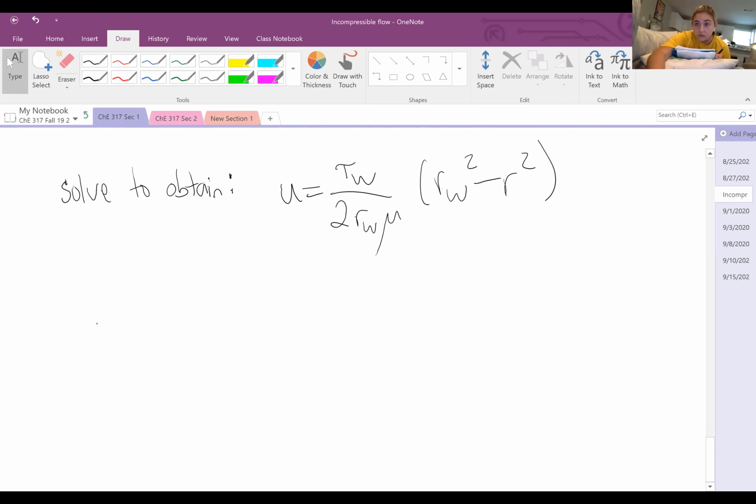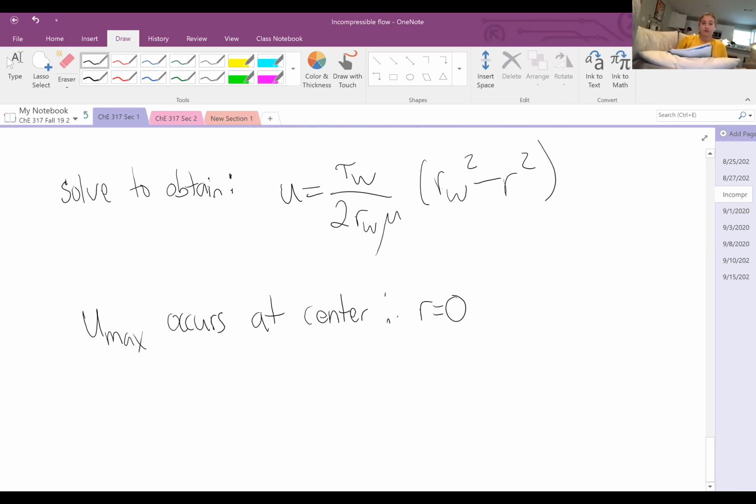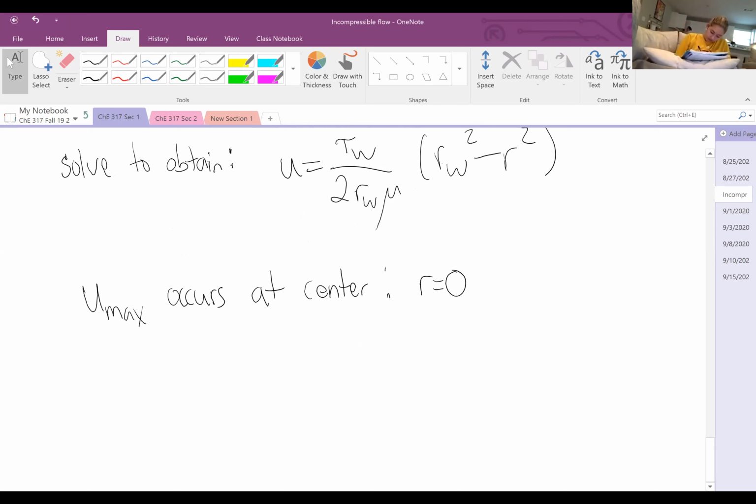Well, we do know that the maximum velocity occurs at the center, where r equals 0. So we can write u max by plugging in where r equals 0.